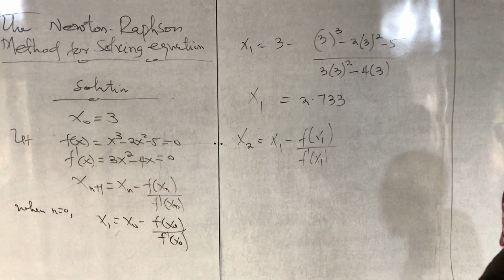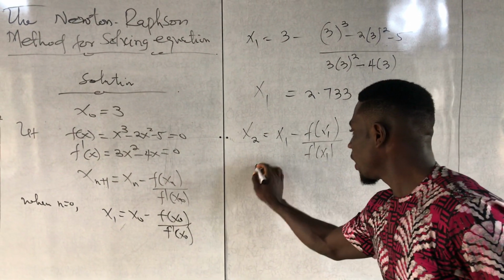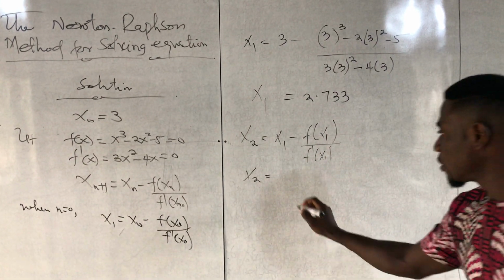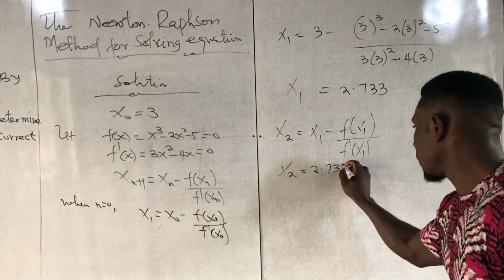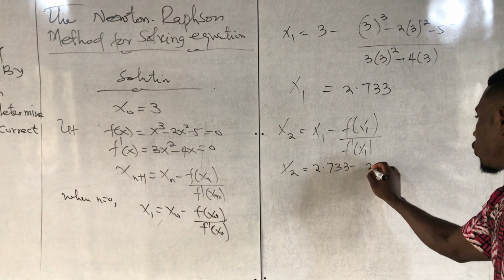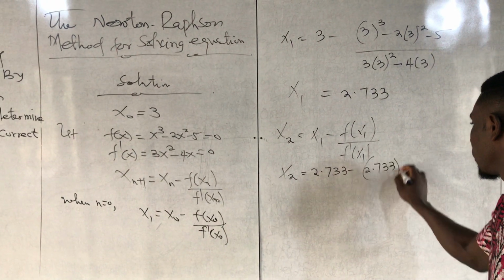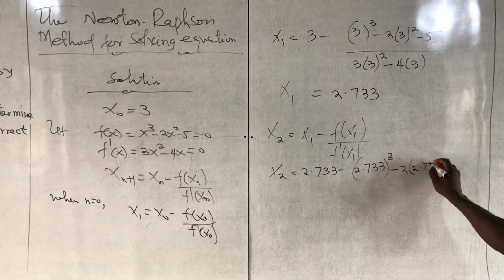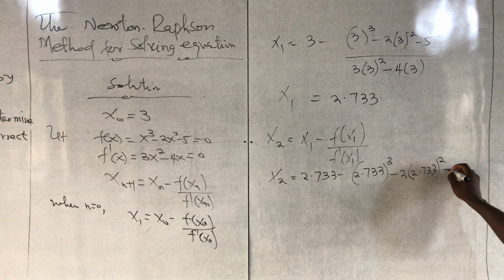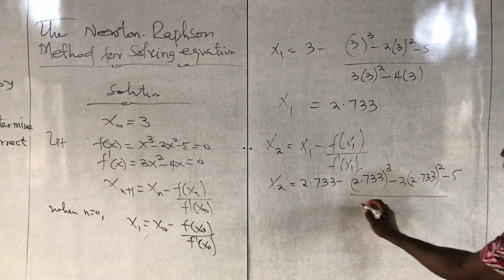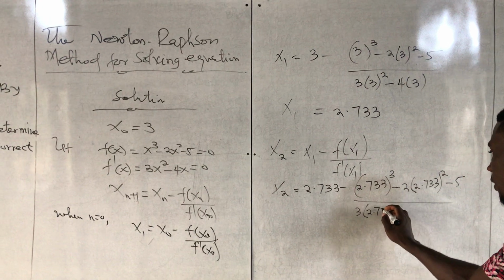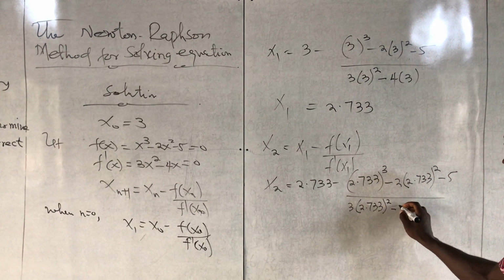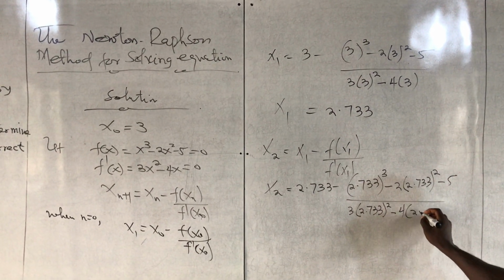So we have x2 equal to 2.733 minus, 2.733 cubed minus 2 times 2.733 squared minus 5, all over 3 times 2.733 squared minus 4 times 2.733.